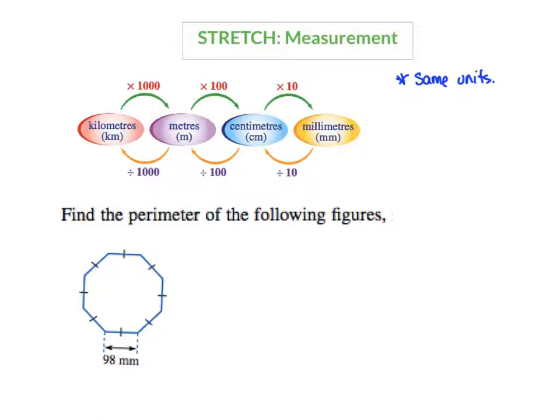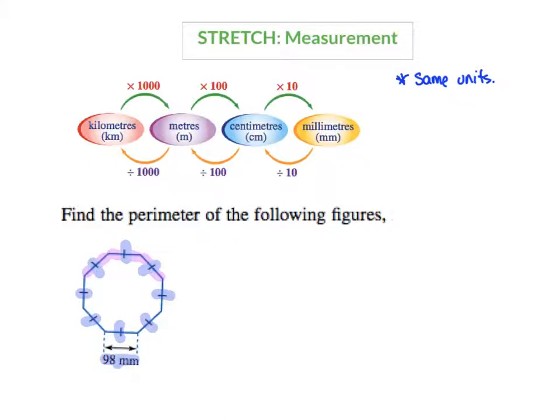So the first shape is an octagon, and it's asked me to find the perimeter, which means I need to add up all the sides. You can see this little line that we have through every side that indicates that they were all the same length as the one that they've mentioned.